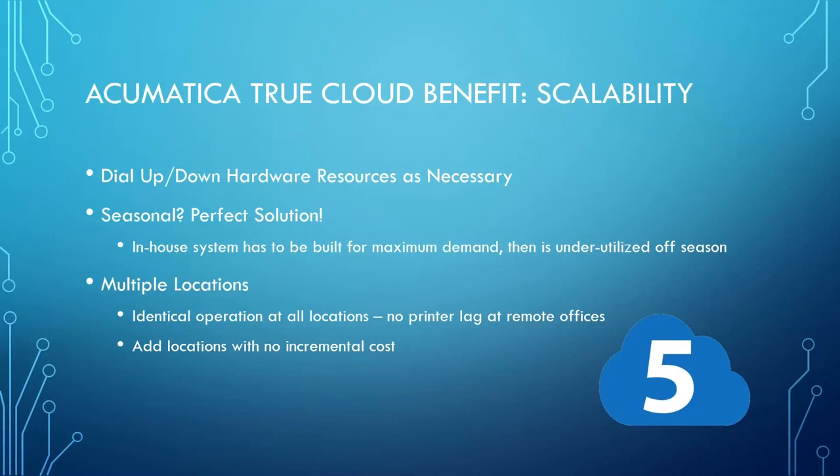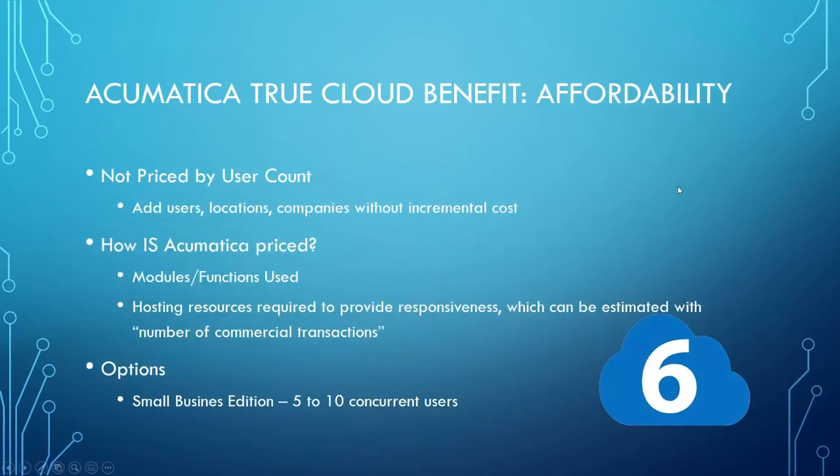And we go back to the mobile solutions that we do with legacy applications. We have VPNs and remote desktop. And then printing is really slow there, okay? We don't see that. It's identical at all locations. So we don't have printer lag at remote offices. We can also add locations, remote locations, at no incremental cost.